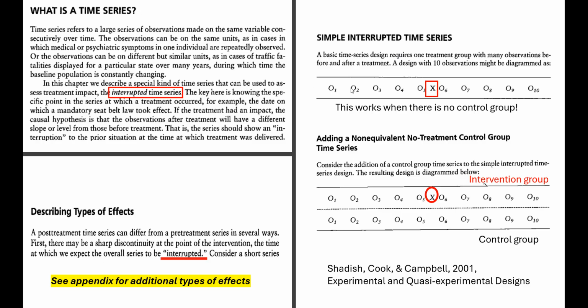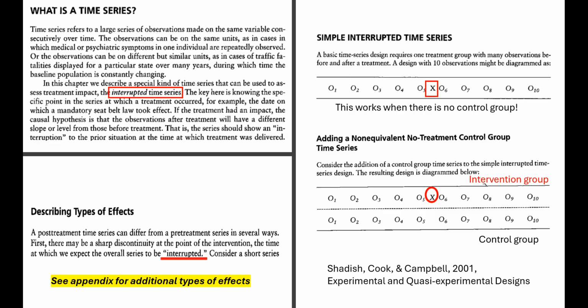As we look at the table in the top half of the right side, we see that we have 10 observations in the study design, and in between the 5th and the 6th observation we have a treatment. You'll notice that this is just one row of observations, and that represents our intervention group.